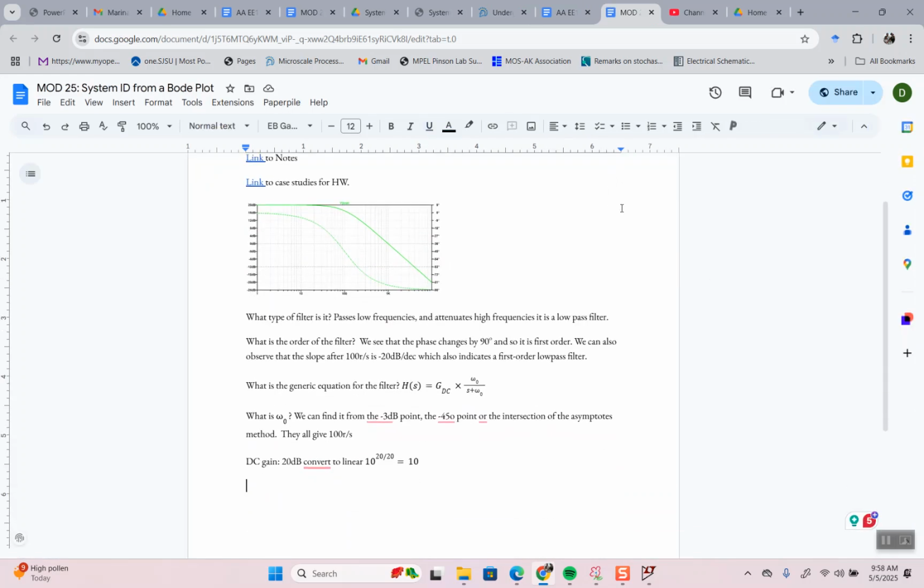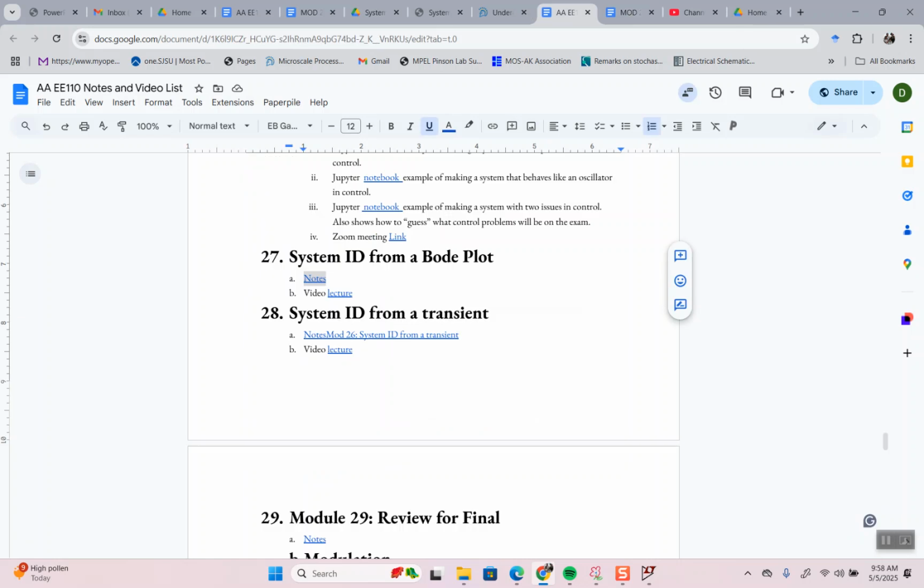It's not a lot of notes. There's some plots I did, but I might have done it.